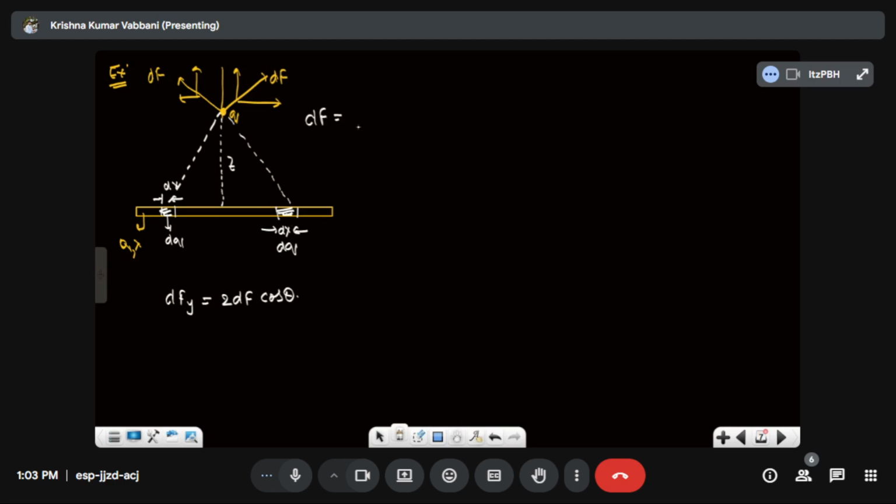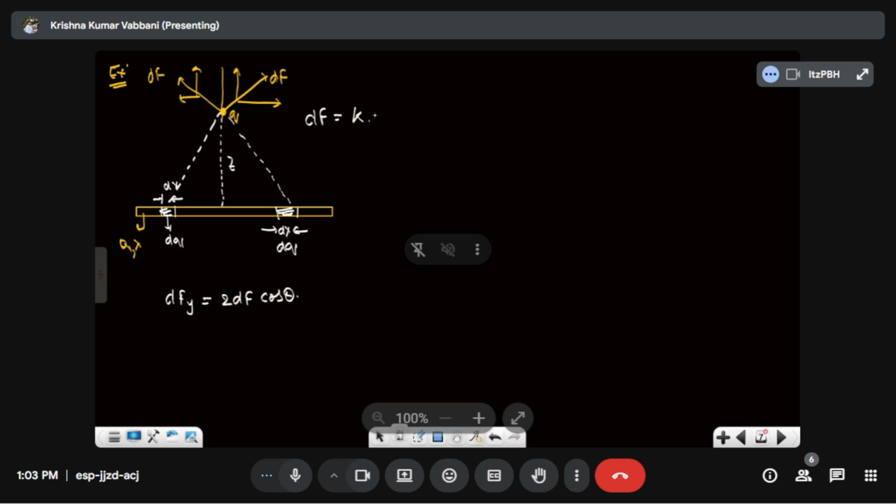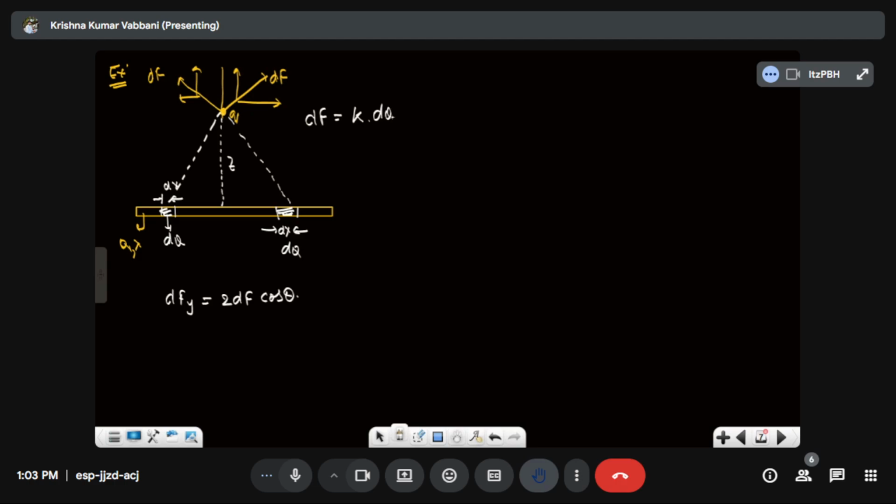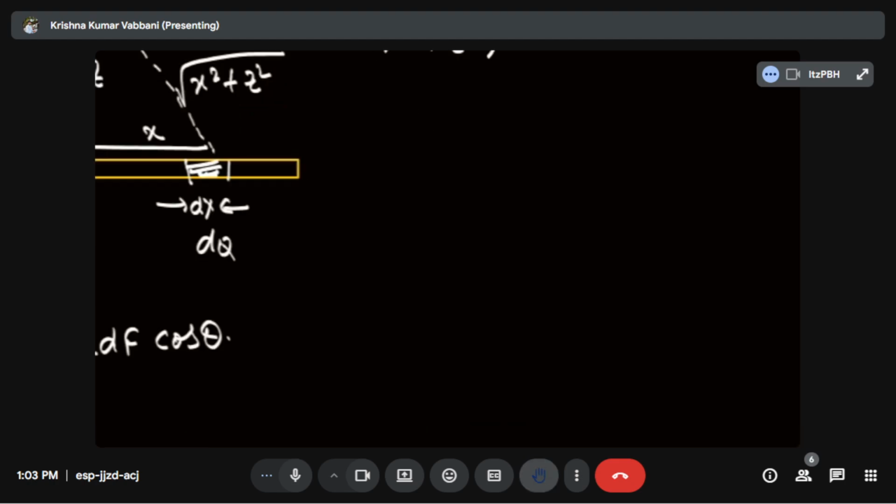See, dF is nothing but k times Q dq divided by, this distance is x, so x square plus z square, the whole square root, that's why x square plus z square.